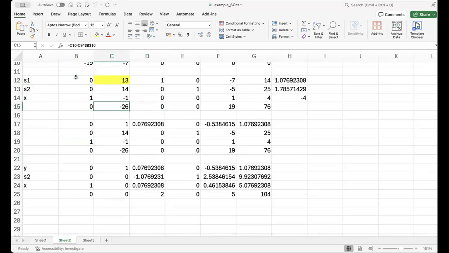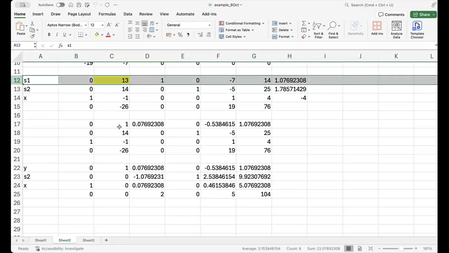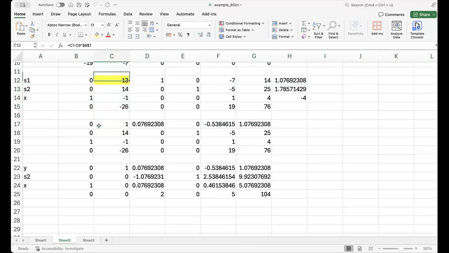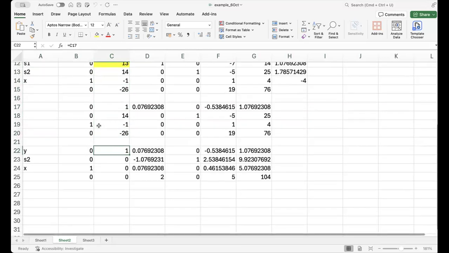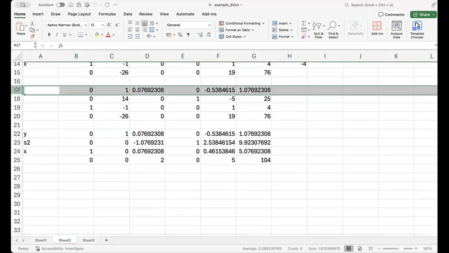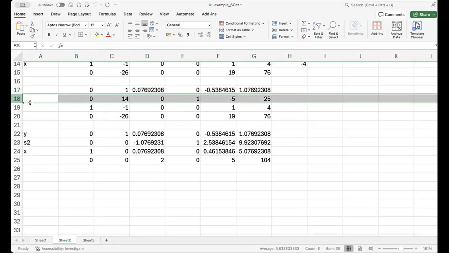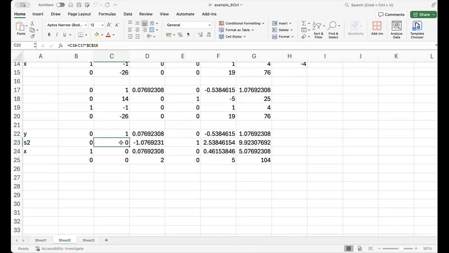Okay, so this is our pivot column, and we consider this element our pivot element. We divide this row by 13 in order to make it 1. And then we obtain this, right? You multiply this row by 14 and subtract it from the second row to obtain 0.